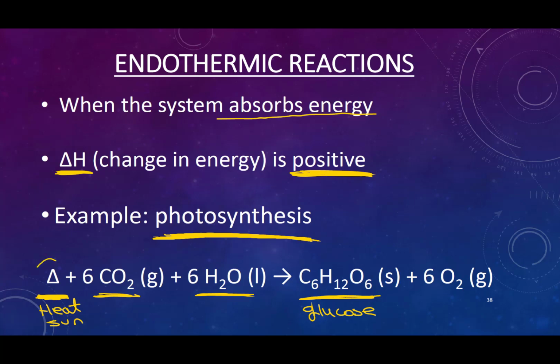As you could see, the system is absorbing the energy. That's why delta H, or the change in the energy of the system, is positive. Again, you don't need to know the example or write this equation, but just know that photosynthesis is an example of an endothermic reaction because the system is absorbing energy to make glucose, sugar, or food.